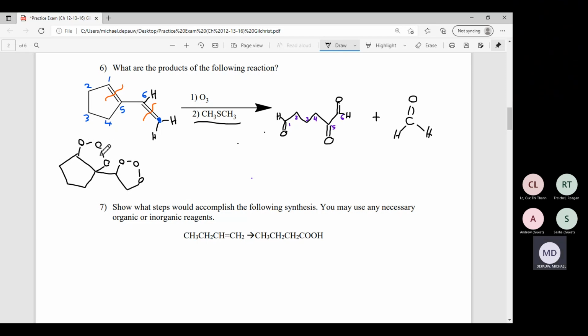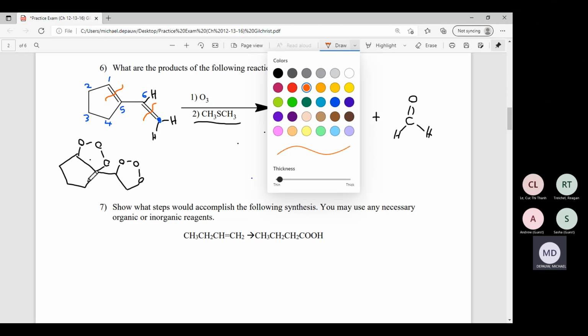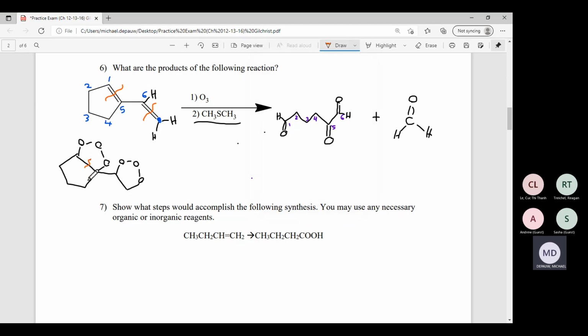It's a little bit complicated to go into, and I don't think you're really expected to know the mechanism, but essentially this bond breaks, the double bonds form there, and then this oxygen ends up getting taken off by, I think, the sulfur or whatever. But the dimethyl sulfoxide just finishes the work, shall we say, of splitting the bonds.